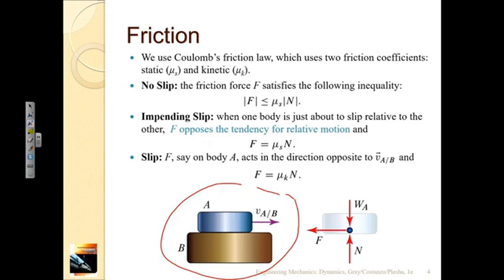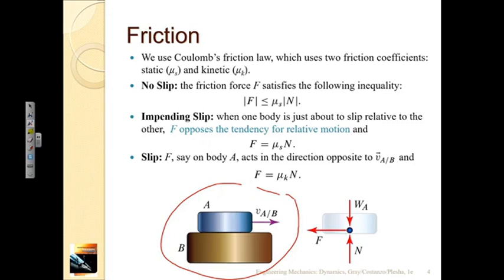The velocity of B is 1 meter per second. These are both to the right. So our relative motion equation, the velocity of A is equal to the velocity of B plus the velocity of A relative to B.